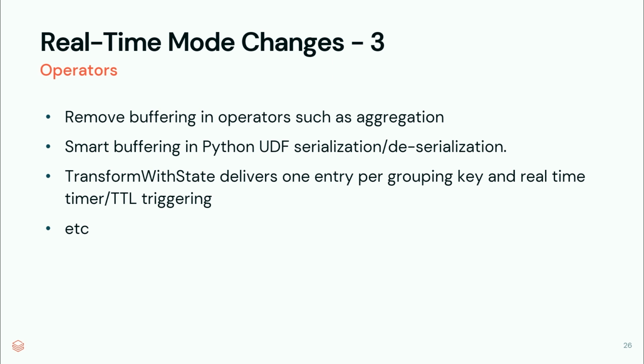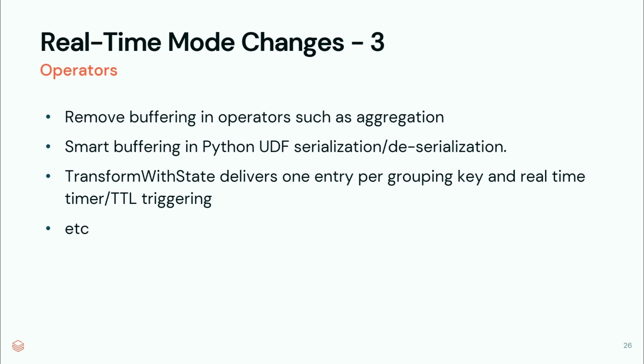Only making the shuffling and source reading streaming is sometimes not enough. Sometimes operators also need buffering. If we don't change that, the operators will only output at the end of the batch and will be slow.